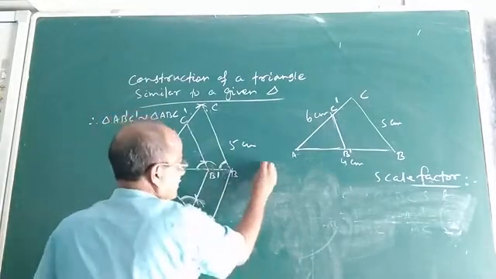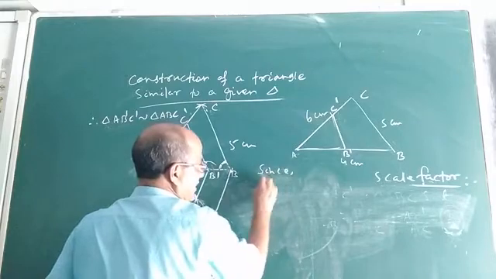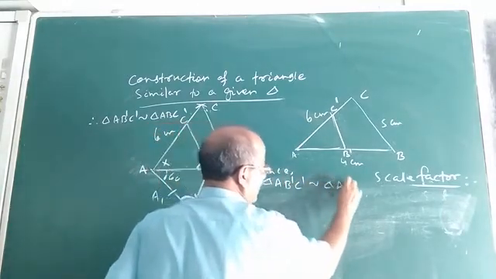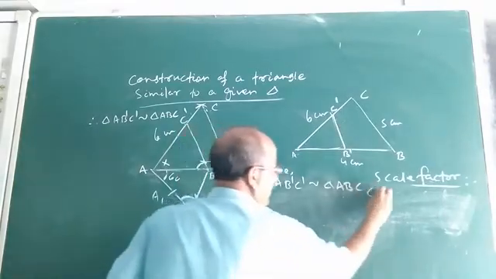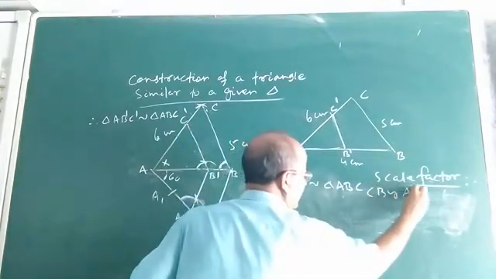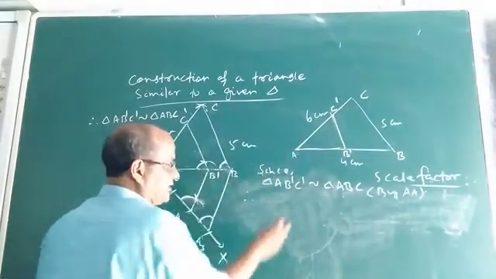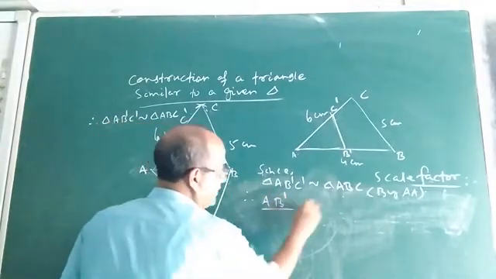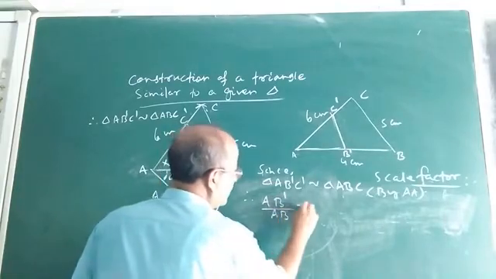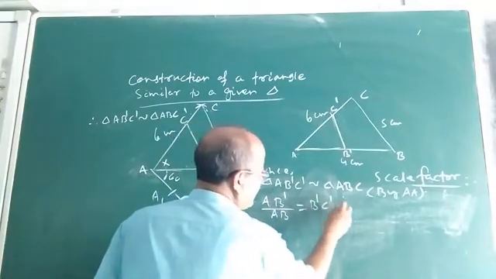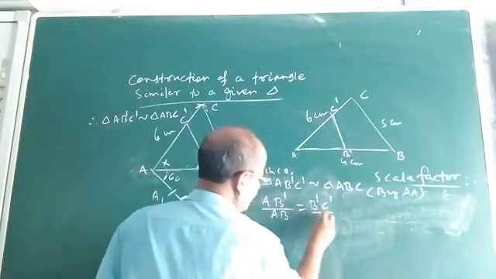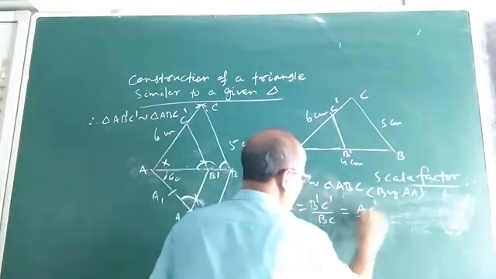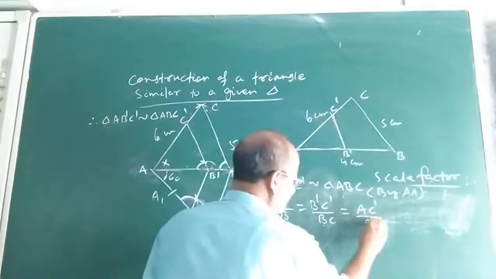Since triangle AB dash C dash is similar to triangle ABC by angle similarity, therefore, the ratio of their corresponding sides, that means AB dash by AB equals B dash C dash by BC equals AC dash by AC.